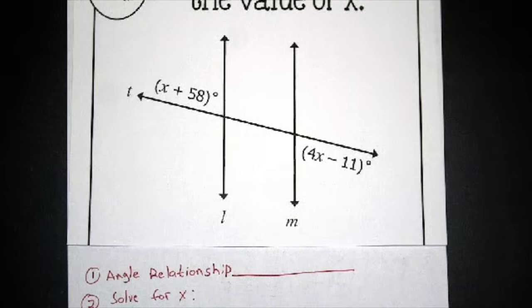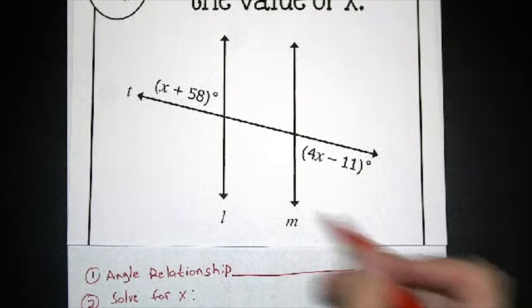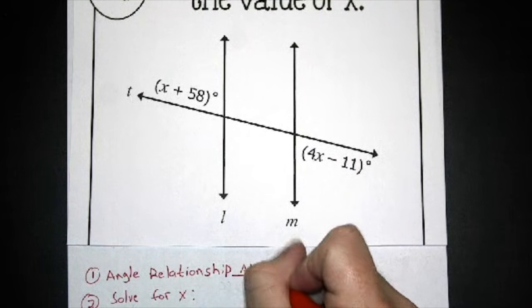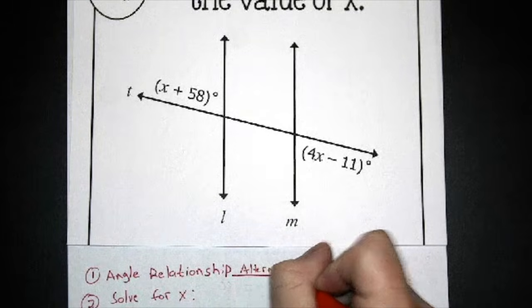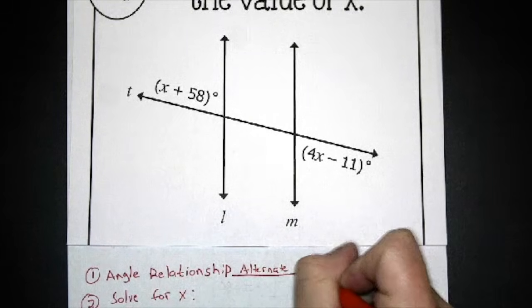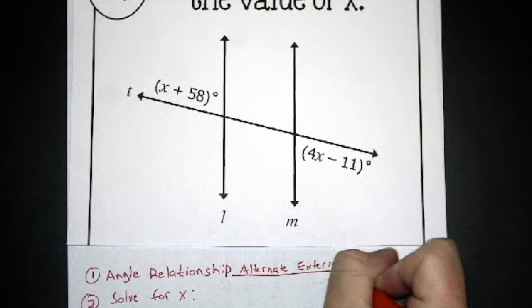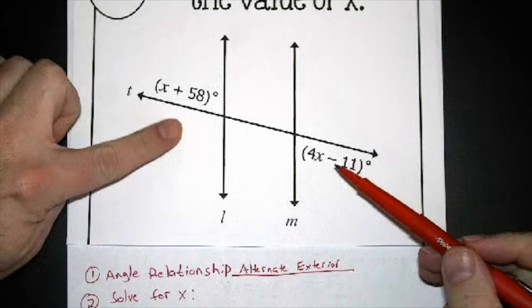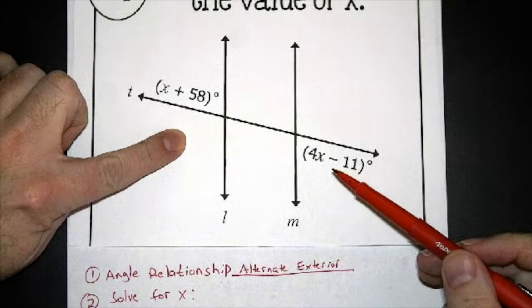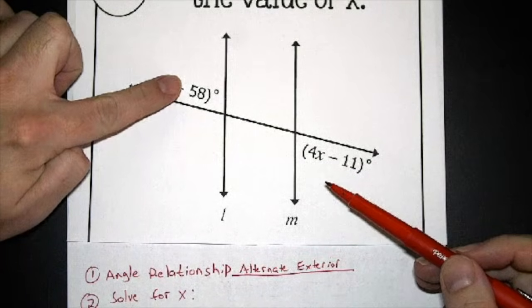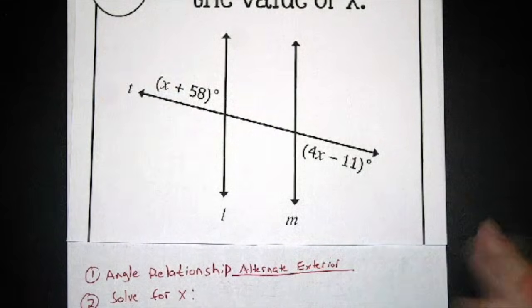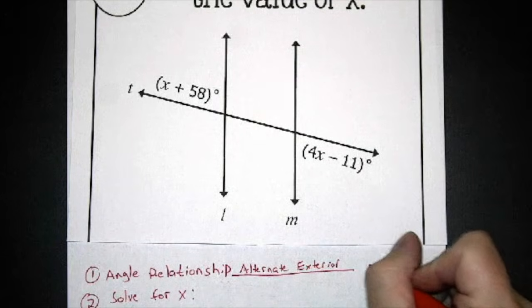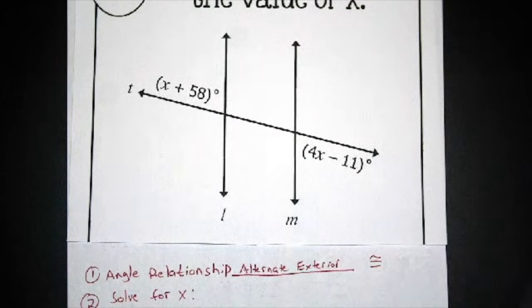So the angle relationship that we're going to use is alternate exterior, because the angles are on the outside of the parallel lines and they're on opposite sides of the transversal. And we know that alternate exterior angles are congruent.